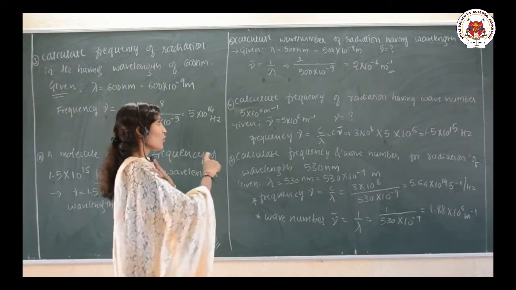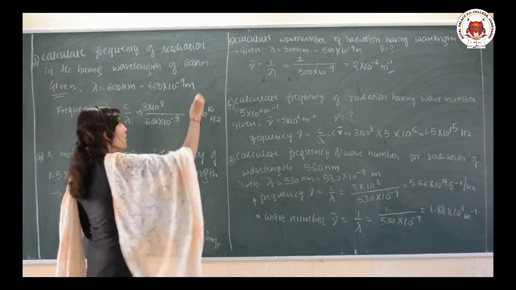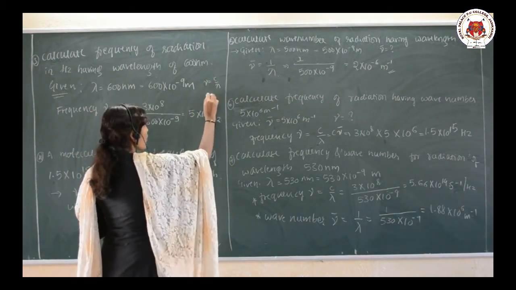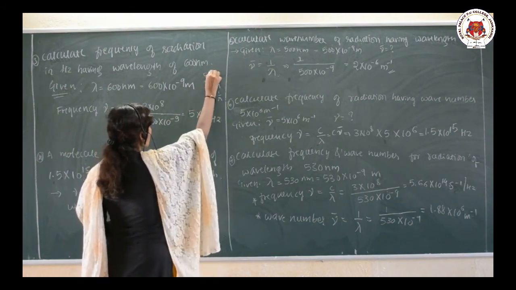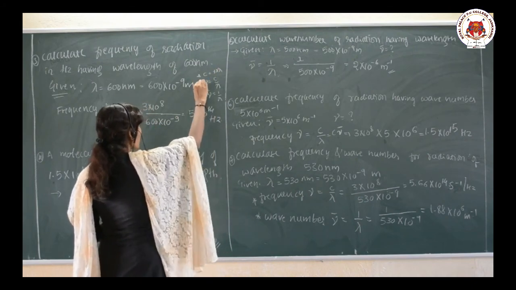Okay. So, in all these problems we are going to use only three formulas: nu is equal to C by lambda, nu bar is equal to 1 by lambda, and C is equal to nu into lambda. Only these three formulas are very important.